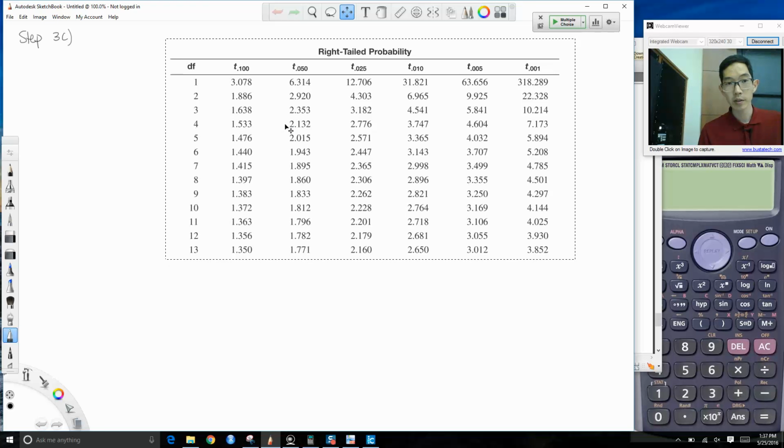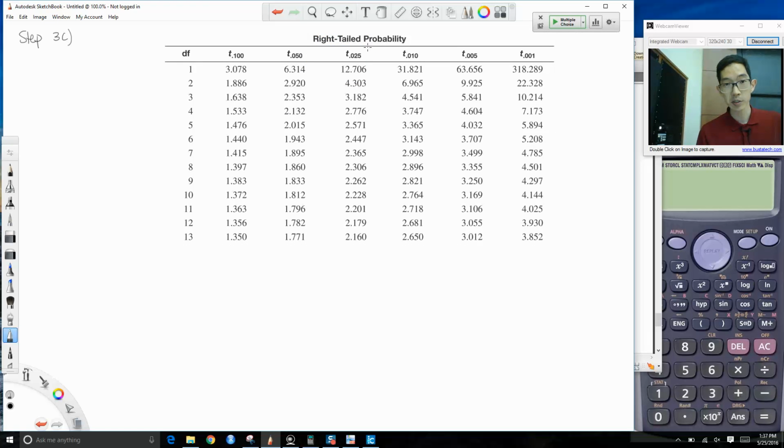Okay, so this is what your t-table looks like. All right, so let's say you have done everything else.